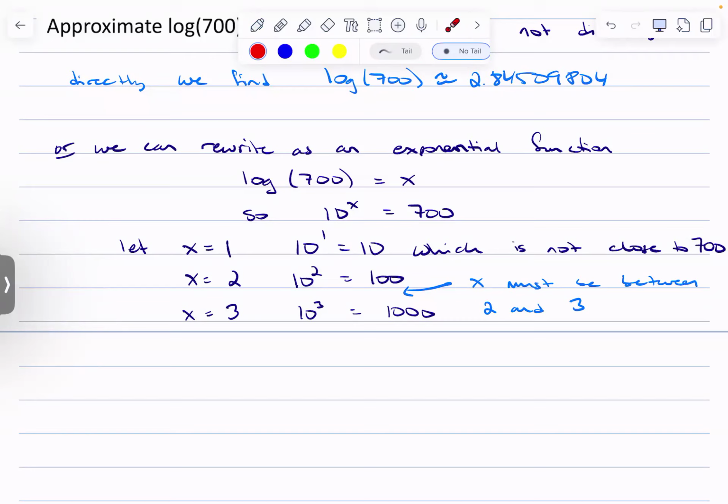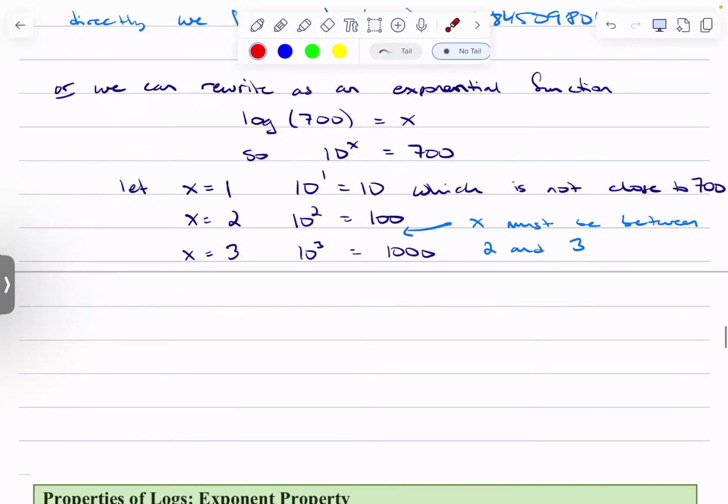You can do the same thing by saying, okay, if it's between 2 and 3, how about we use the computer science sorting approach, where you just cut it in half, figure out where you want to be, cut it in half again, and again, until you are closest to your approximation.